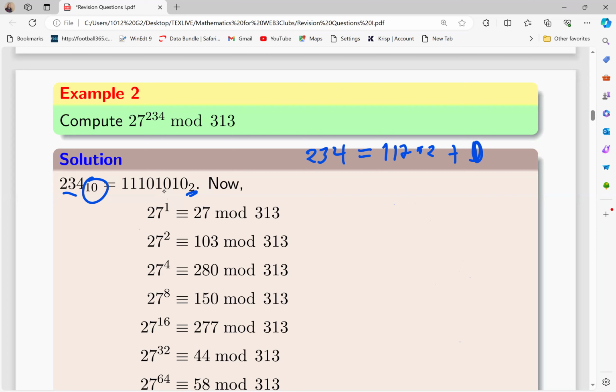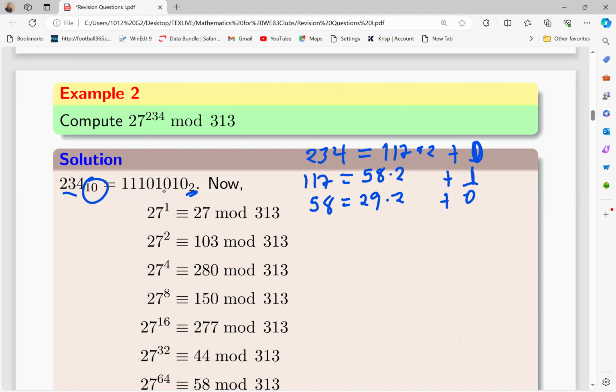What about 2 into 117? 2 goes in 58 times, and the remainder will be 1. What about 2 into 58? 29 times. This thing I'm putting here means multiplication: 29 times 2, 58 times 2, 117 times 2. So what is the remainder here?